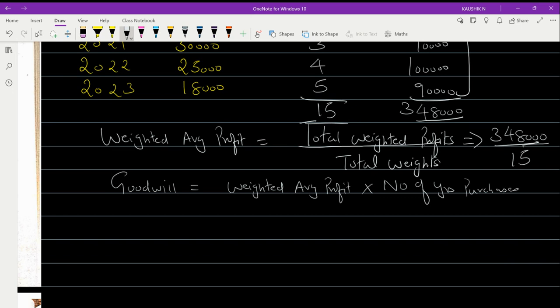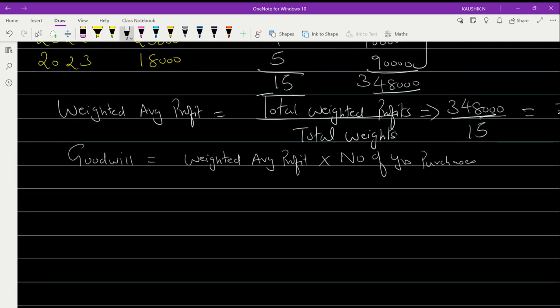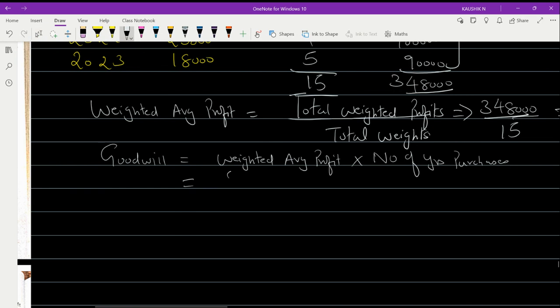Goodwill formula under weighted average profit will be weighted average profit into number of years purchases. So according to that, you got 23,200. Record it over here. 23,200 into number of years purchase. How much was given in the question? 3 years or 4 years? 3 years.